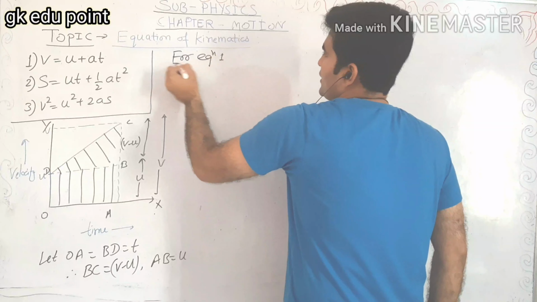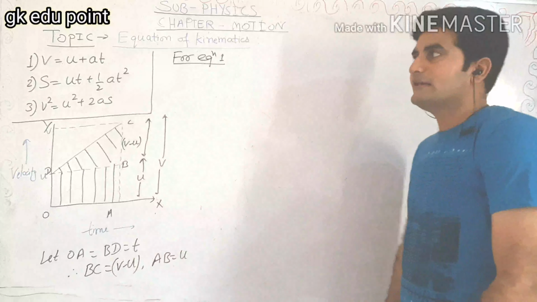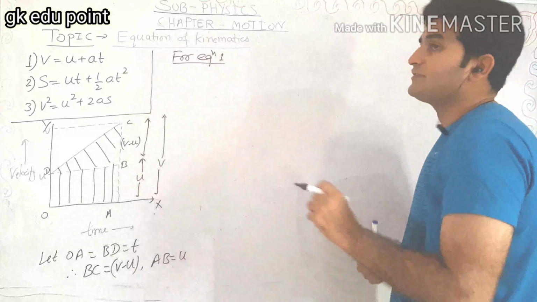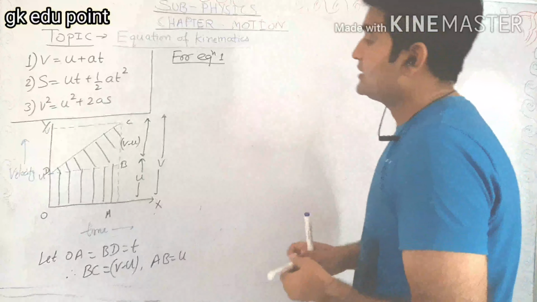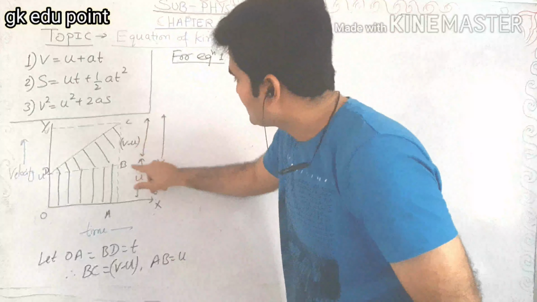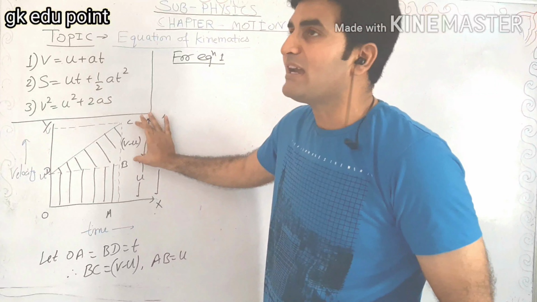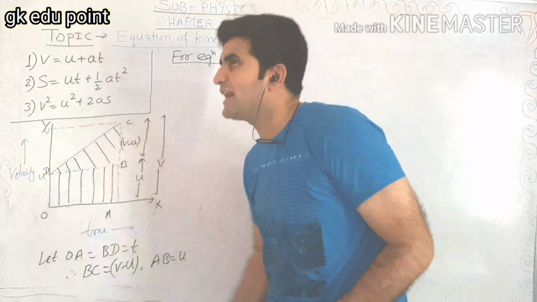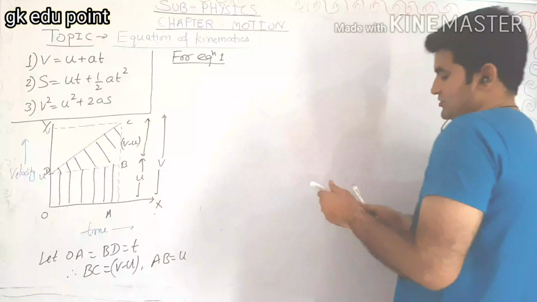For equation number 1, we have to prove v equal u plus at. From the definition of acceleration, we know that the rate of change in velocity is called acceleration. Now this side BC, meaning v minus u, represents the change in velocity. When we measure this change with respect to time, that is called acceleration.